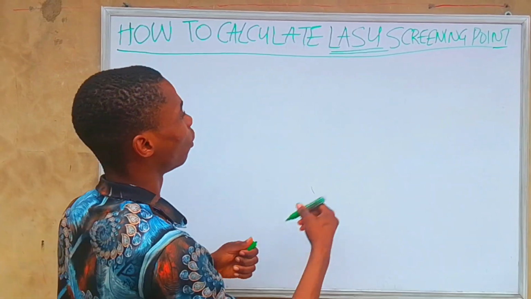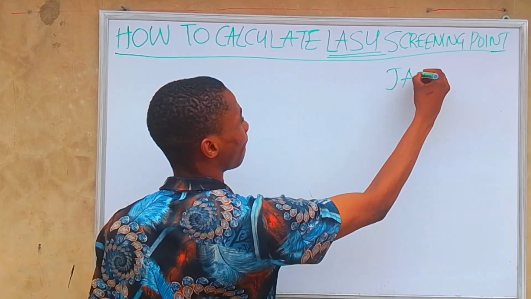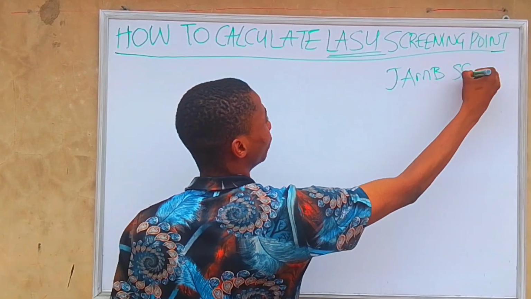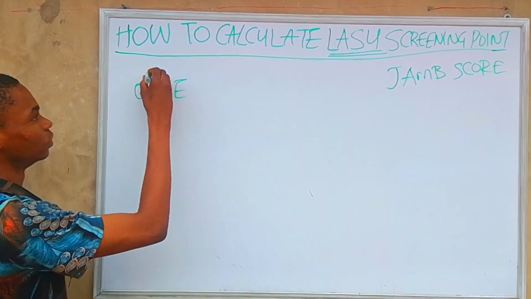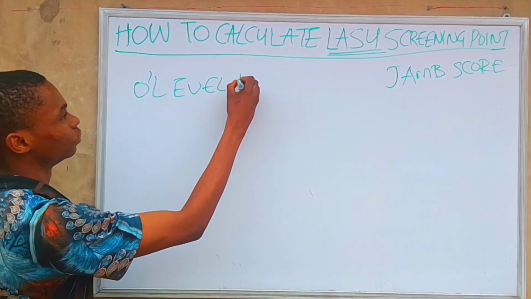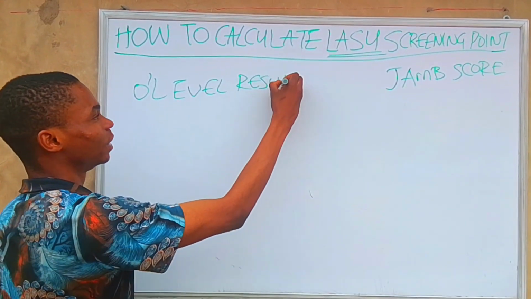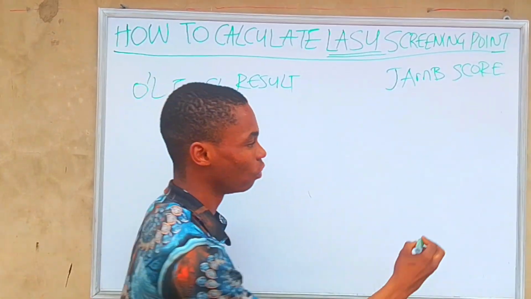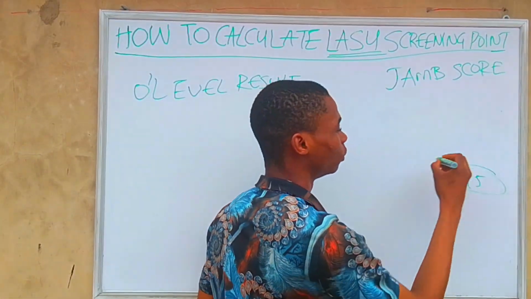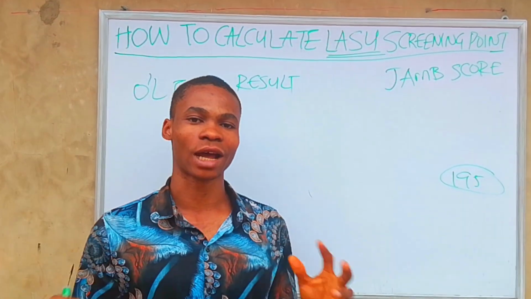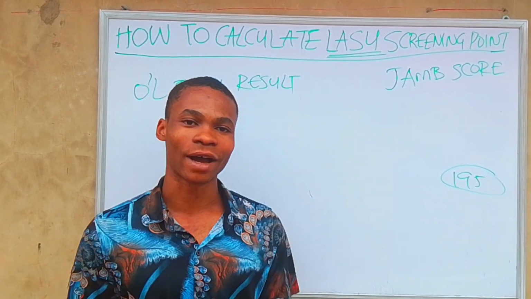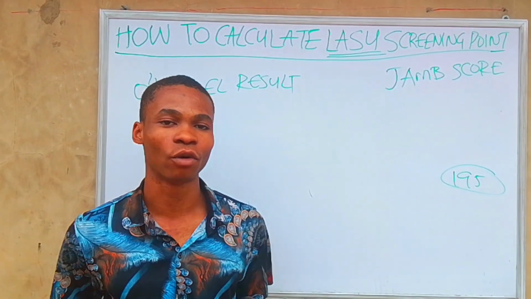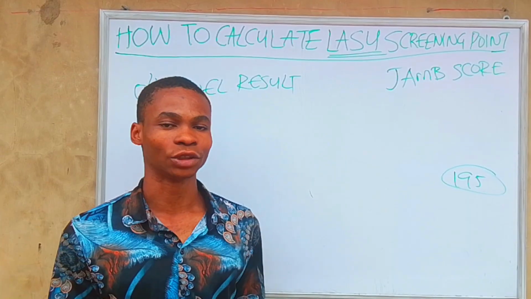You will need your JAMB score and O-level result. If you have below 195, don't bother applying to LASU. The least that can apply to LASU is 195 and above. If you have 194, you cannot apply to LASU.